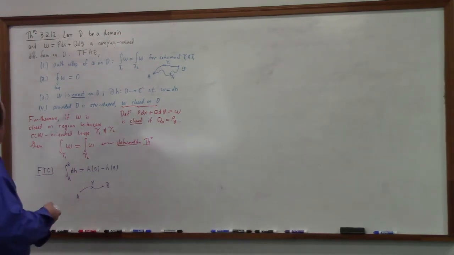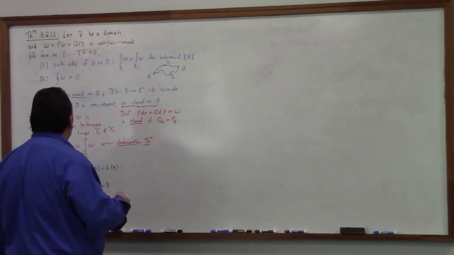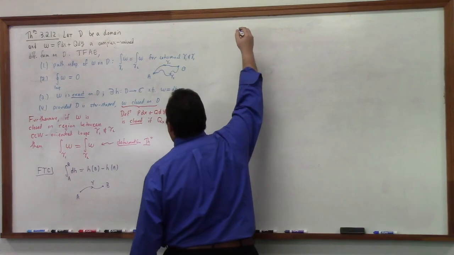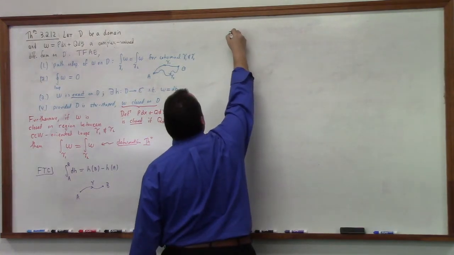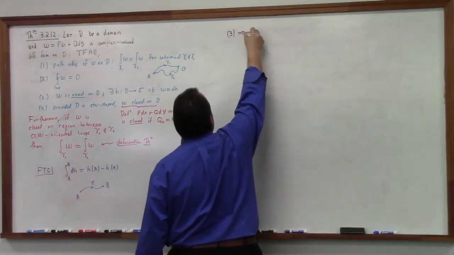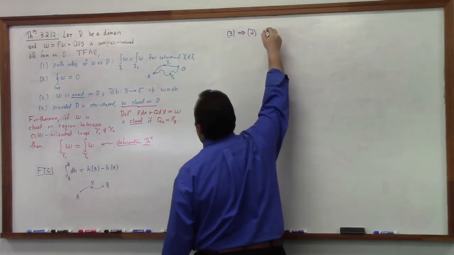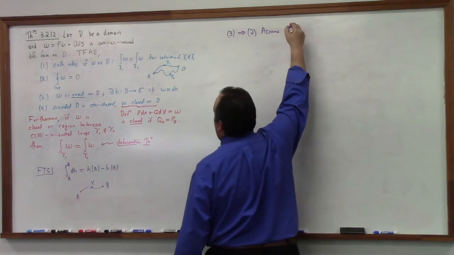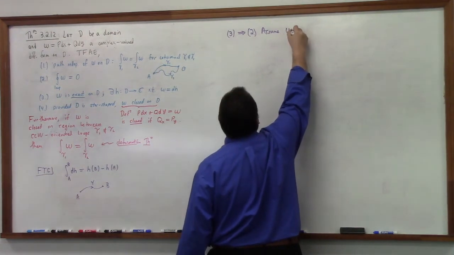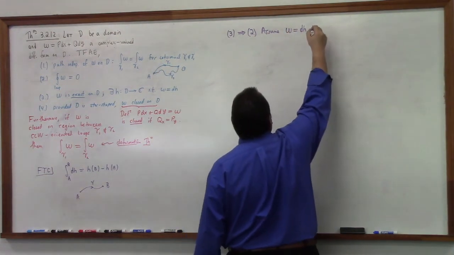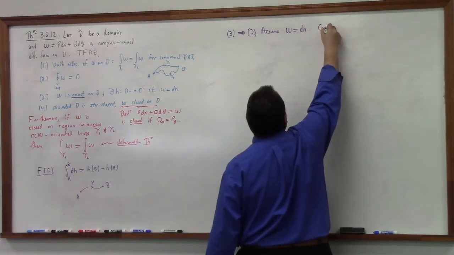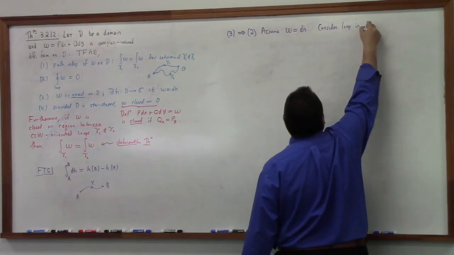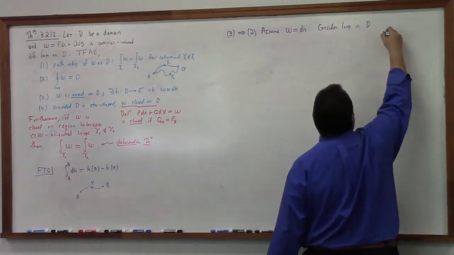Okay, so let's talk about 3 implies 2 for a second. Assume omega is exact, omega equals dh. Consider a loop in D. We can picture it something like this.